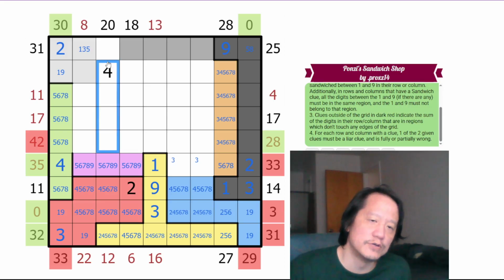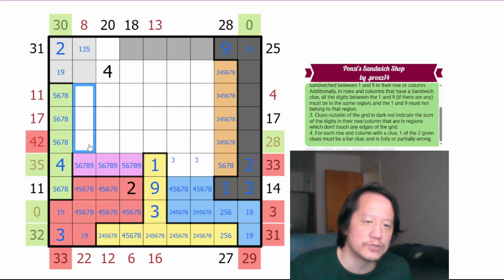Yes, if these are all the same region. But the problem with that is green is not going to be a full region then, because it can't be part of that region. That would be too many cells. And then if it's not part of that region, it only has 3 cells available. So 20 cannot be valid.